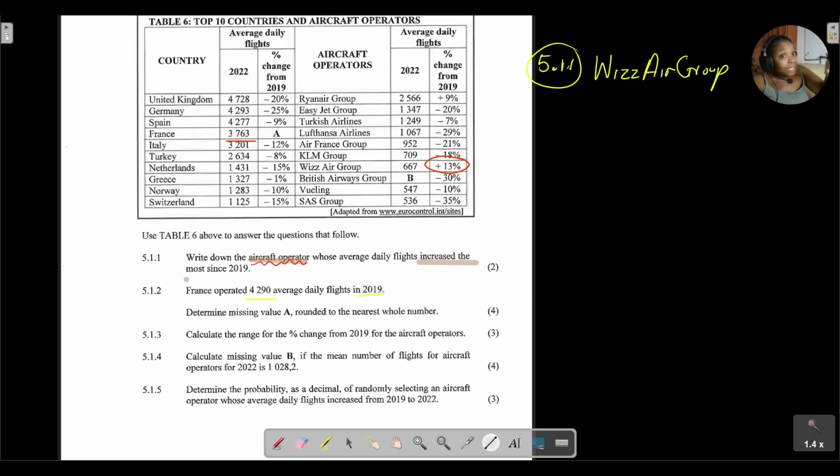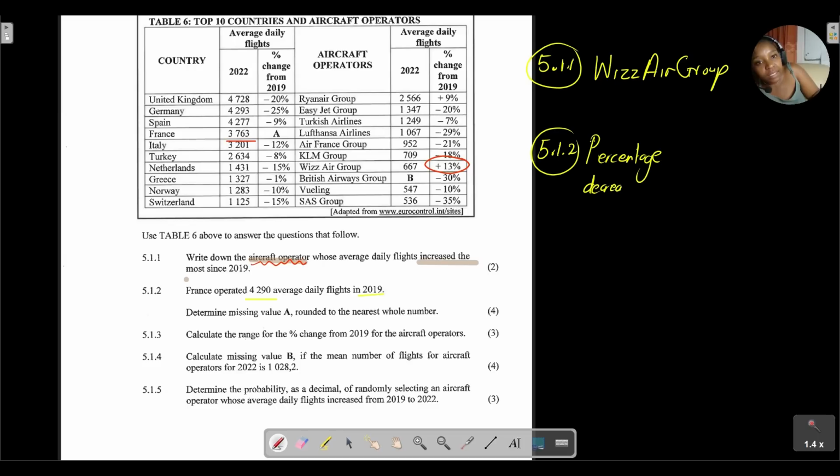We can see that there's a decrease in the average daily flights. So that basically means that for us to calculate that percentage, we need to think of calculating percentage decrease. How do we calculate, in this case, percentage decrease?